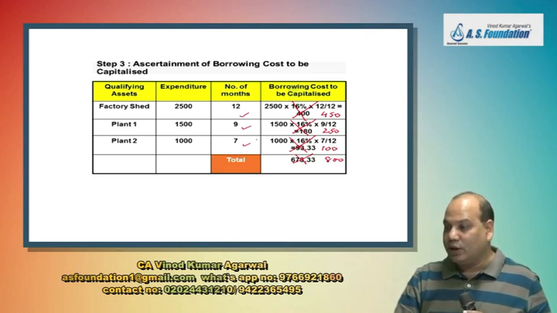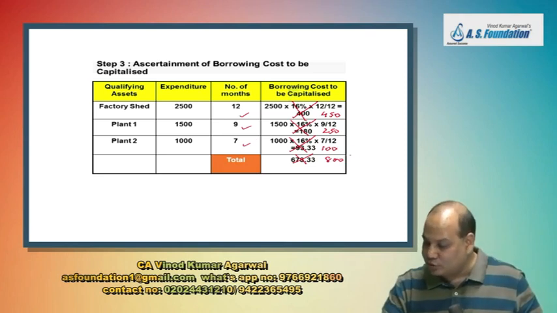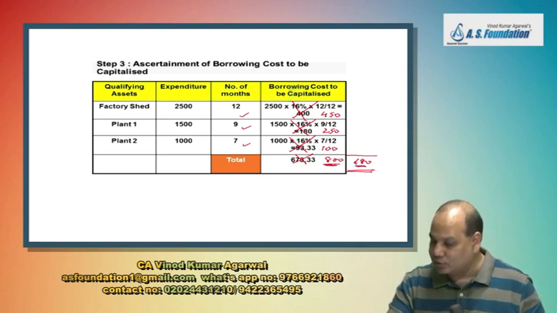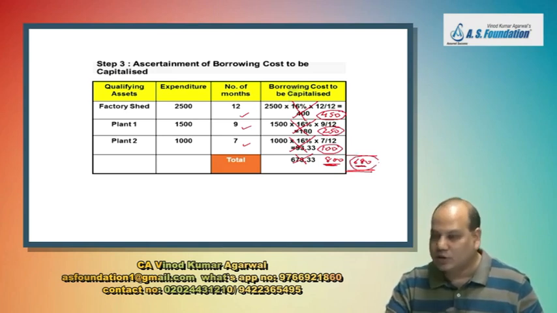So 800 you are getting, but my actual is only 680. I can't capitalize 800 when my actual borrowing is 680. So in this ratio, 450, 250, 100, you will apportion 680.